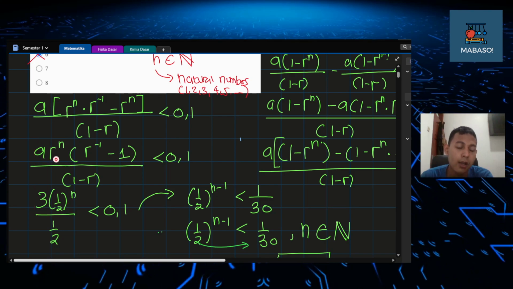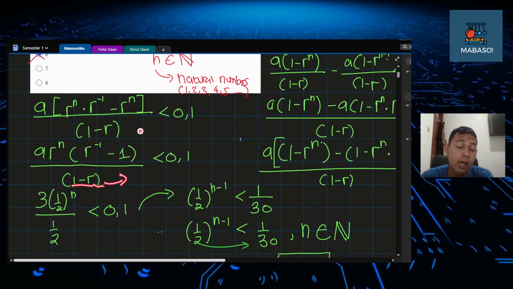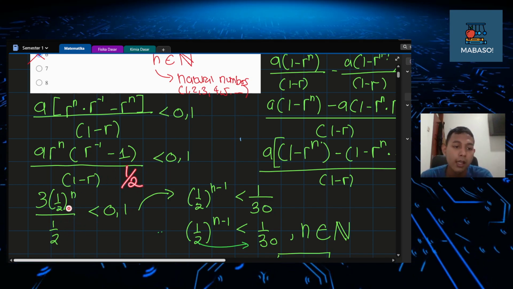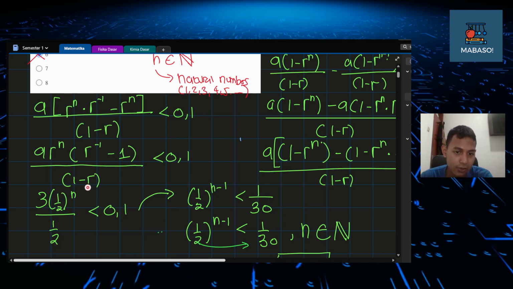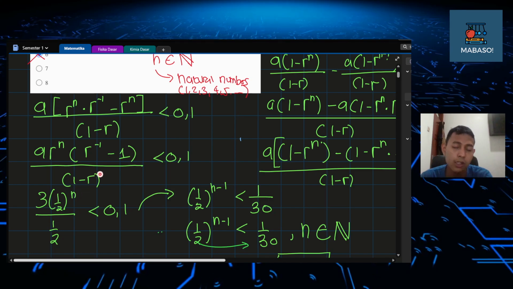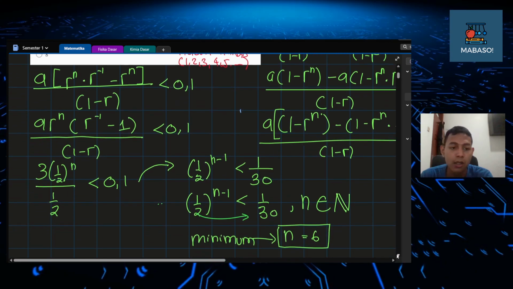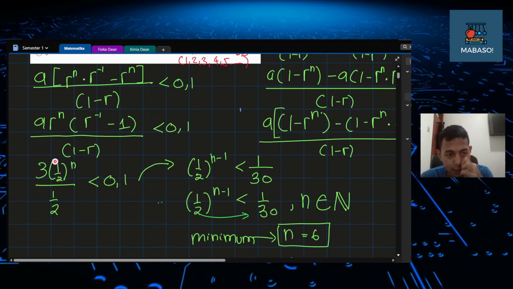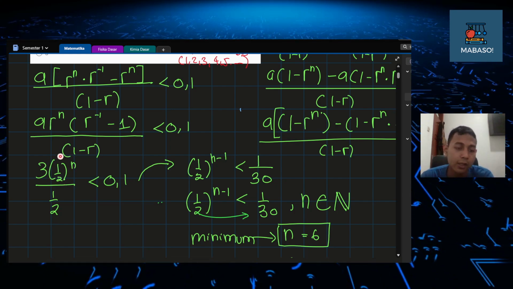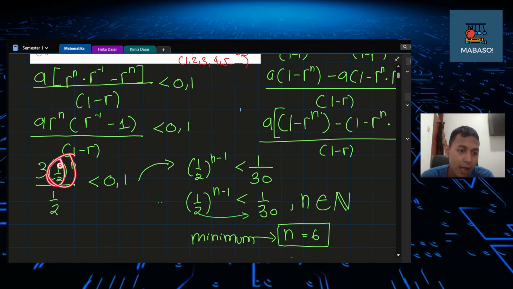The a is 3, r is a half, and 1 minus r is half, so 1 minus half is a half. And therefore, because this is the tricky part, or maybe not exactly tricky, but sometimes people forget about this. Okay, because this is an exponent with the basis a half, right?